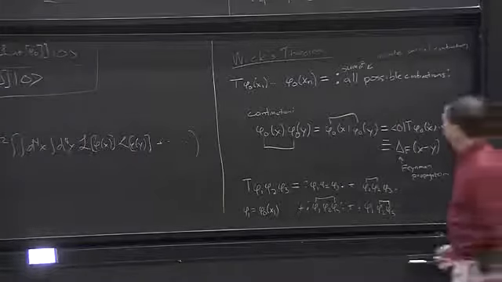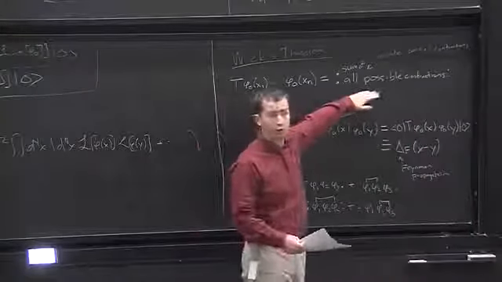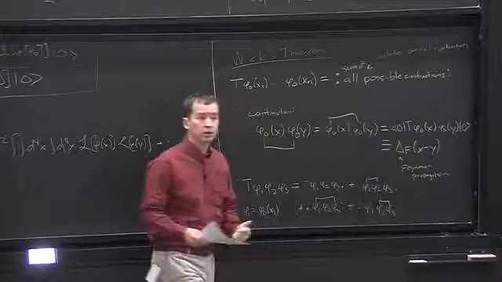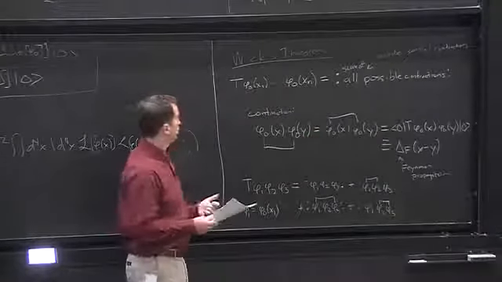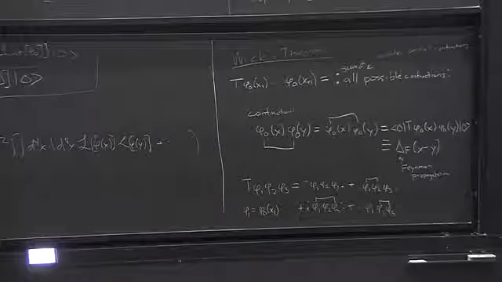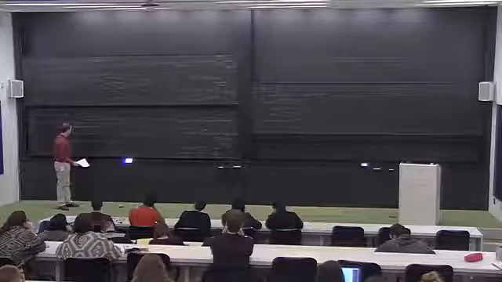Okay, and the reason this is useful is that a normal ordered product vanishes inside a vacuum expectation value as long as we have any field operators, right?